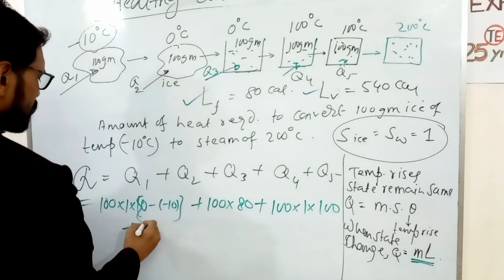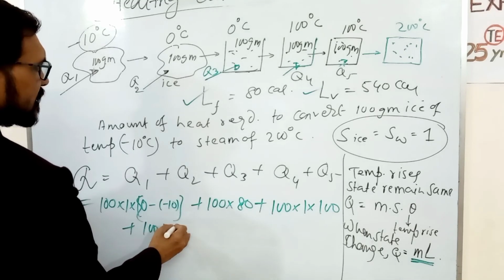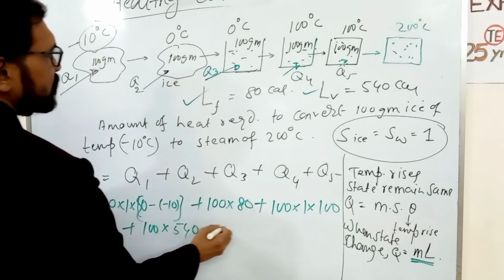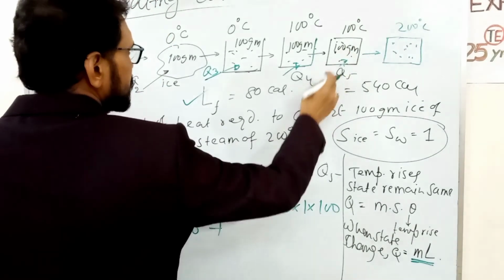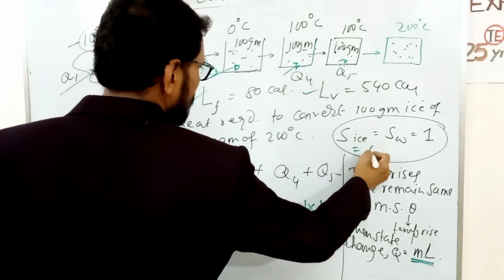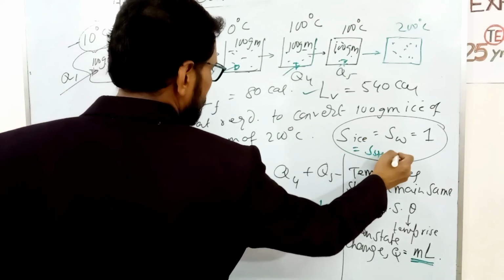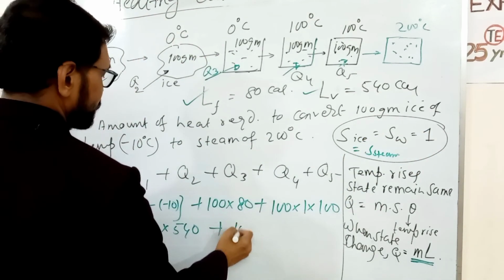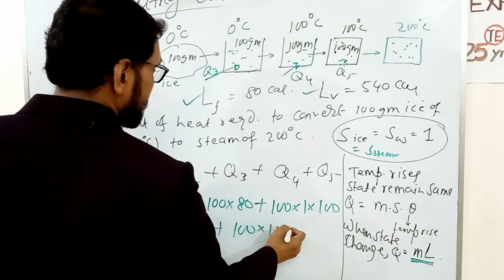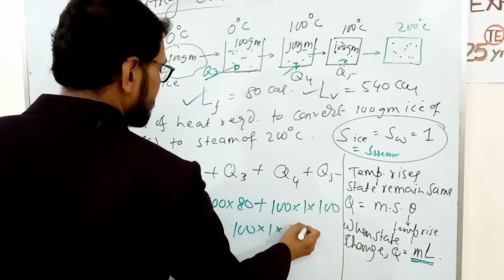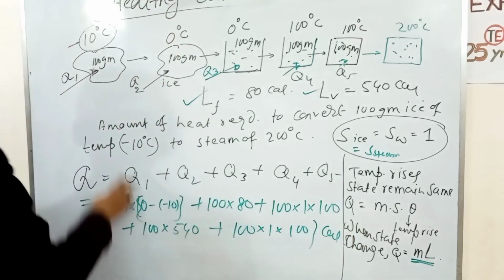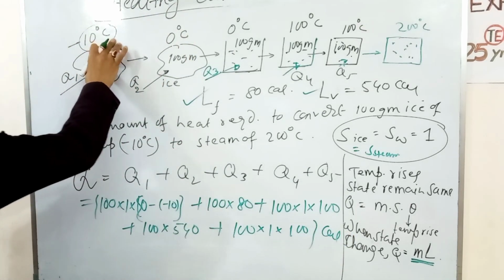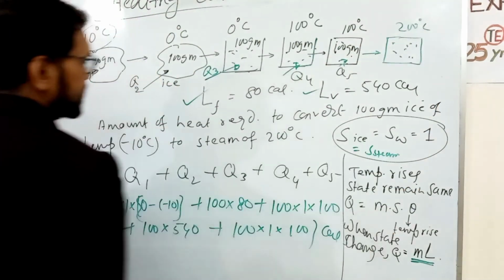Q4 equals mass into latent heat of evaporation, which is 540, plus Q5, the specific heat of steam: mass into specific heat into temperature rise 200 minus 100. So this amount of heat is required to convert the ice of minus 10 degree centigrade to steam of temperature 200 degree centigrade.